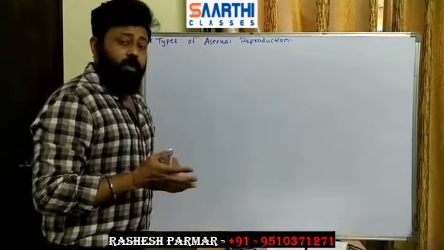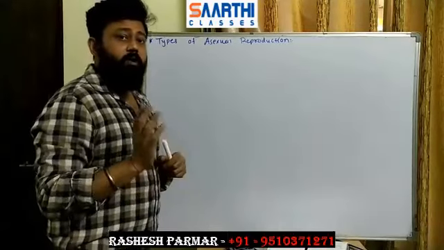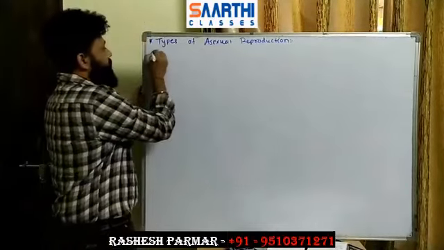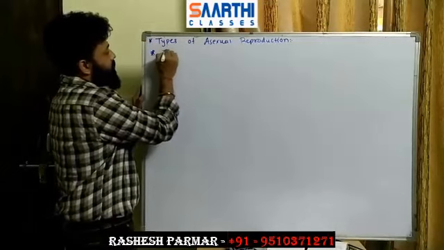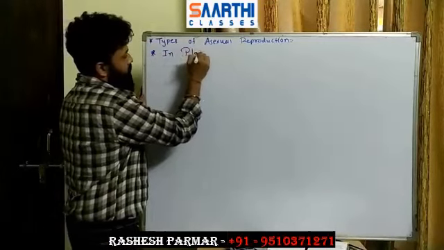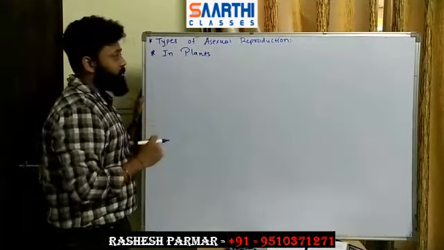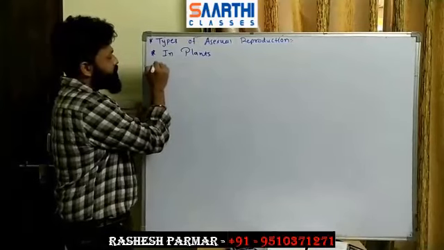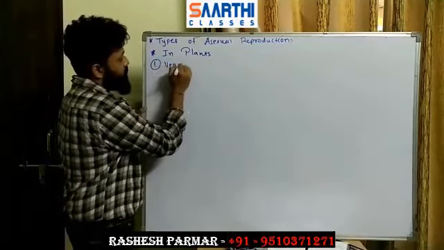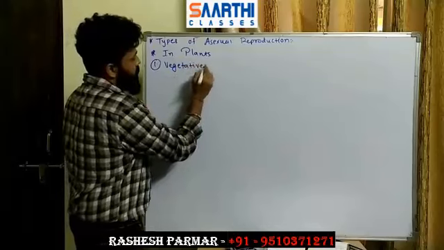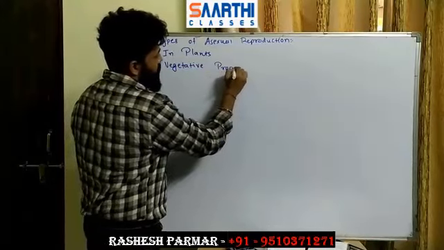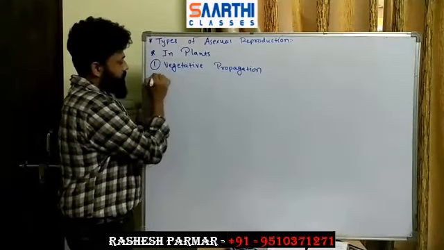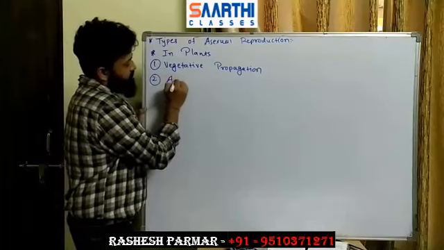Okay, so till now whatever we have discussed was about asexual reproduction in animals. Now we'll start asexual reproduction in plants, which includes, first of all, vegetative propagation, second, apomixis.